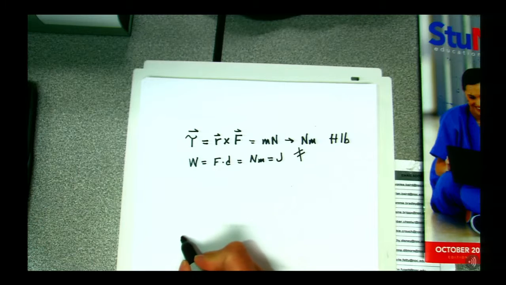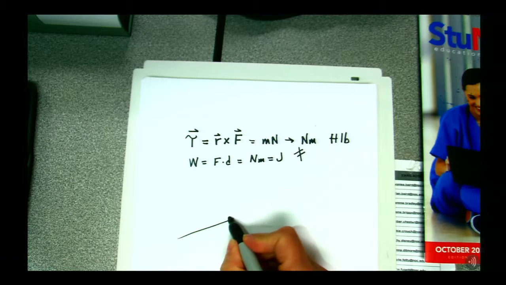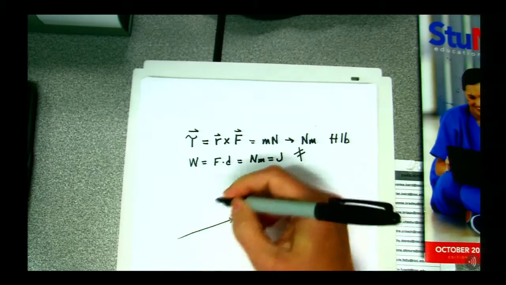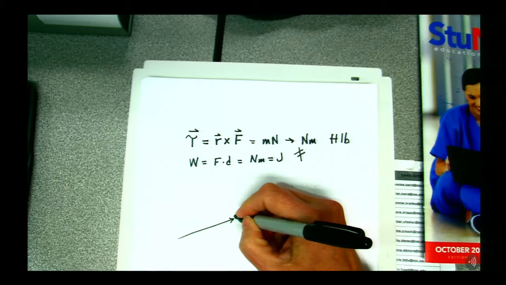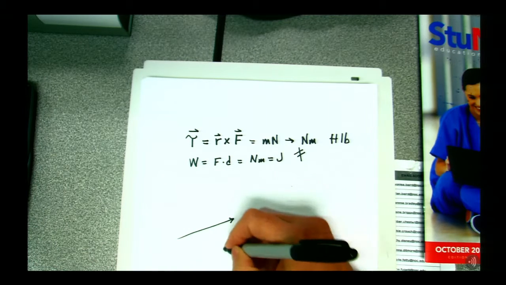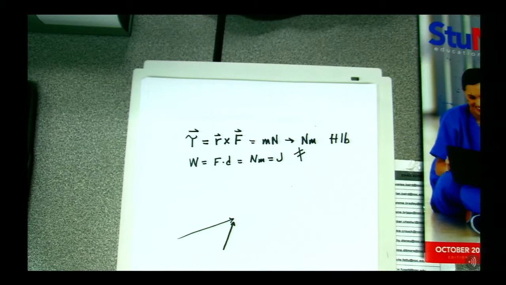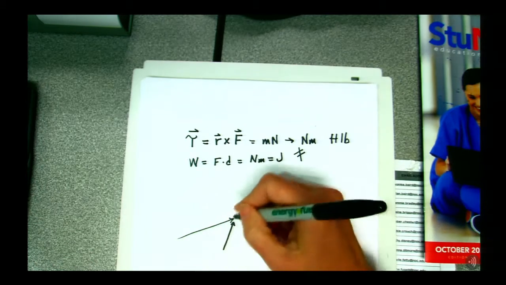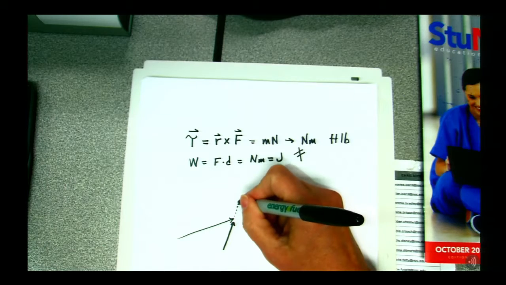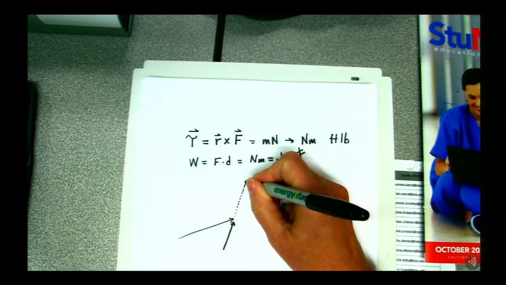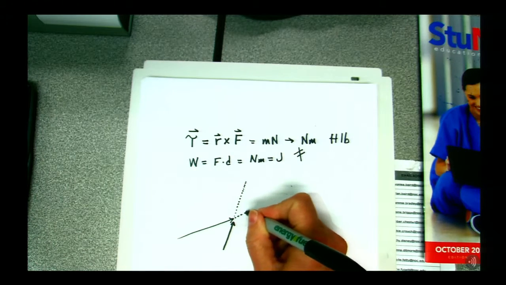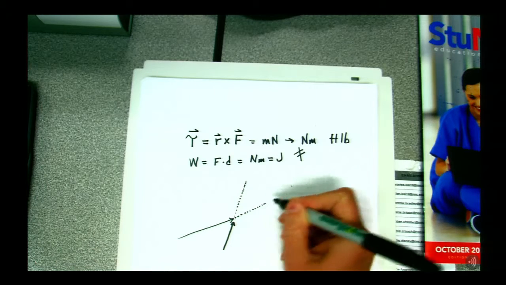So if I have a vector R, and I'm going to apply a force, one of the things I can do with my force is move it along a line of action. So I can have that line of action here.